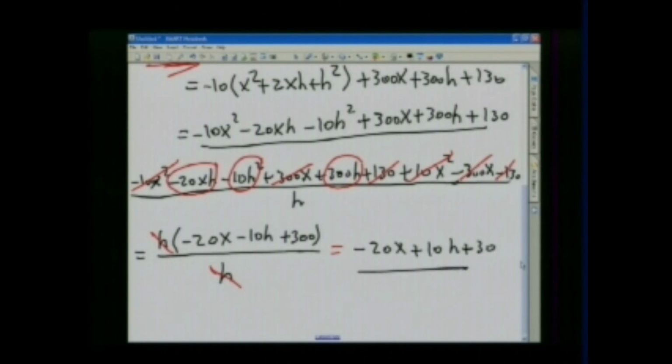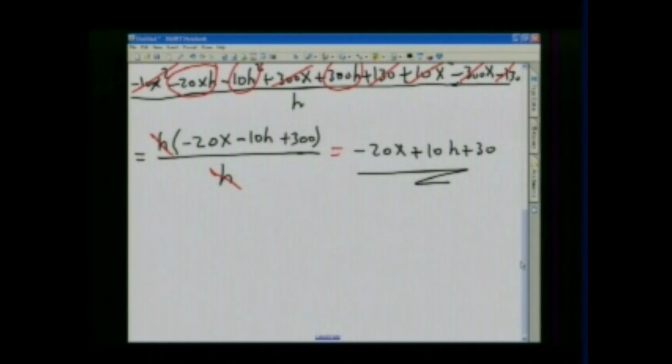Now this is a simplified form. Now I have to take the limit of this and drive h to 0. Again, when you drive h to 0, the only place you have h is this term, so this term would be driven to 0.